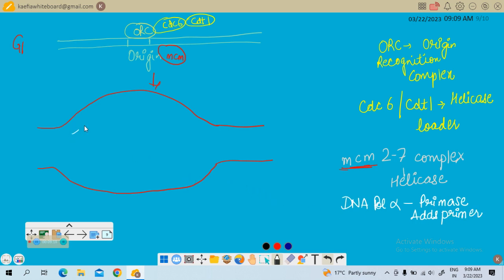Now here primer is added, so obviously this will be the 5' end, this will be 3'. Now primer is added, and along with that it will add the first nucleotide, and it adds 20 nucleotides.